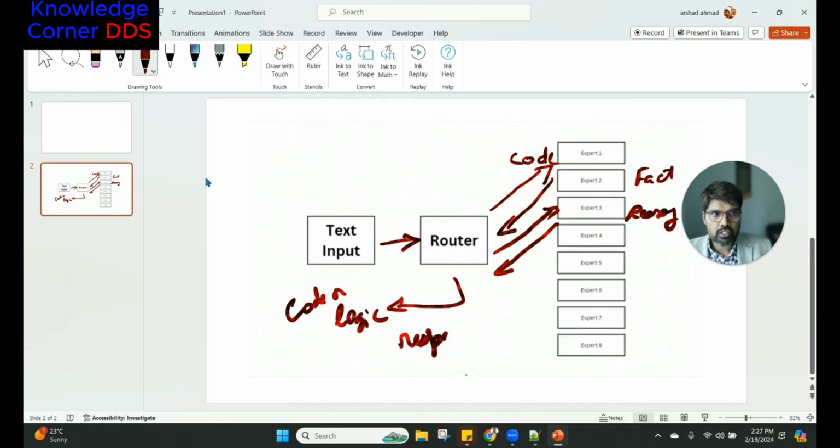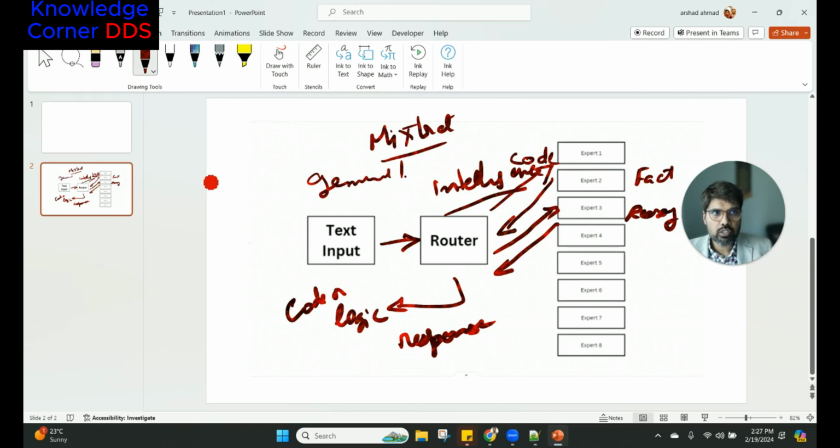This not only decreases the load on the other experts, the router also has very good intelligence to know which expert to ask. This is already happening in Mixtral, and now Gemini 1.5 is going to use the same MoE concept, which is a very great concept.